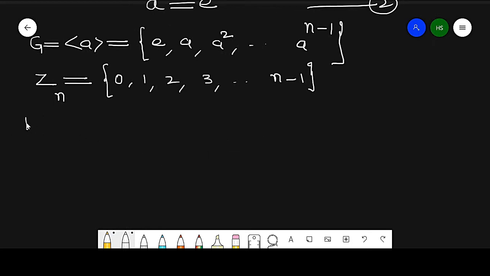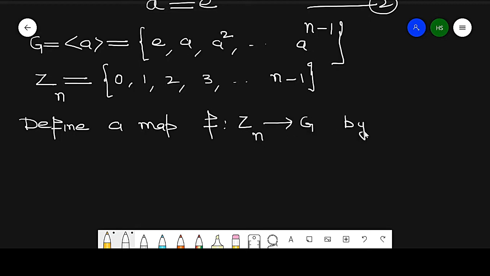So I define a map f from Zn to G, and this map is defined by f of r bar equals a raised to power r. Here I don't write n, because I am using n already, so here I write m and r.